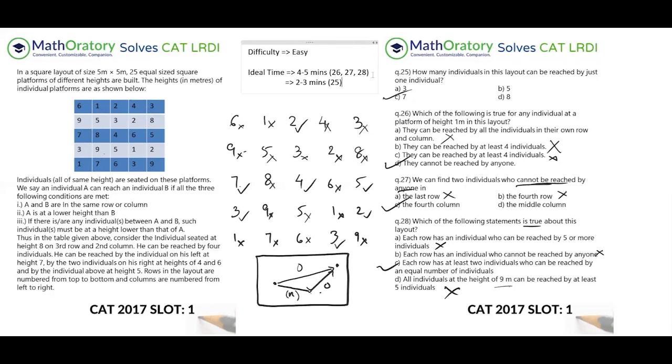But even with that, it took around 2 to 2.5 minutes. I don't know, you can check the timing from the recording itself, from this video's timing. But it will take some time to do. So this particular set, I would break down in this way for the ideal time part. But it was a very easy set. There's nothing too much into it.